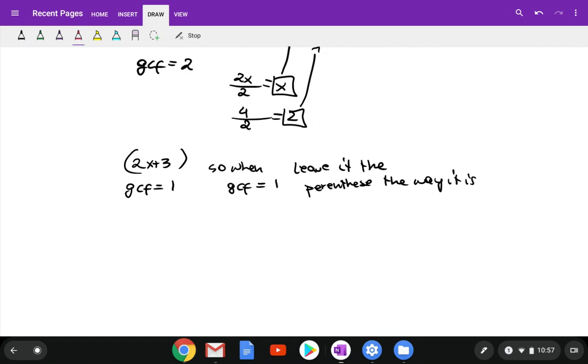Okay, step 5. Rewrite parentheses without the GCF.